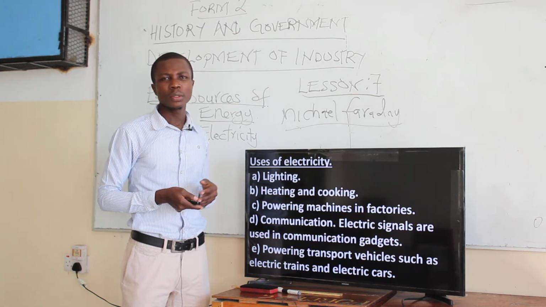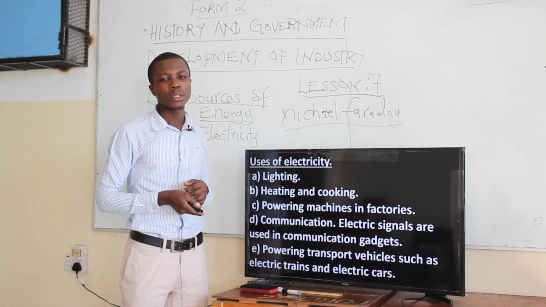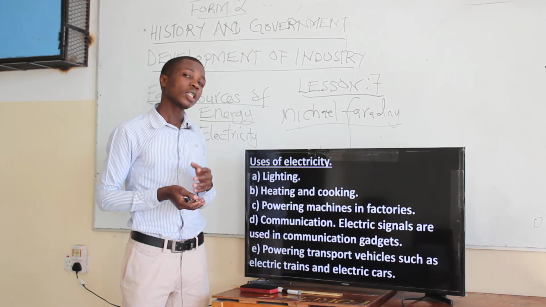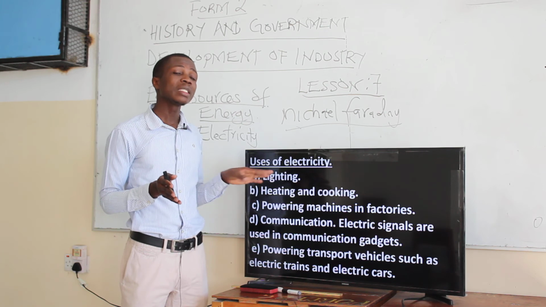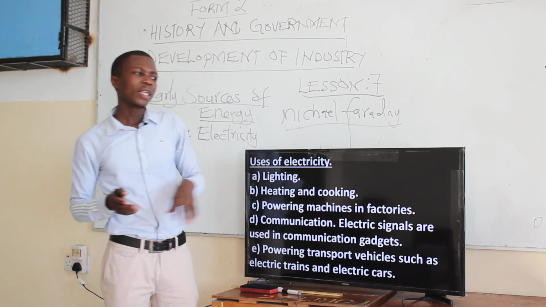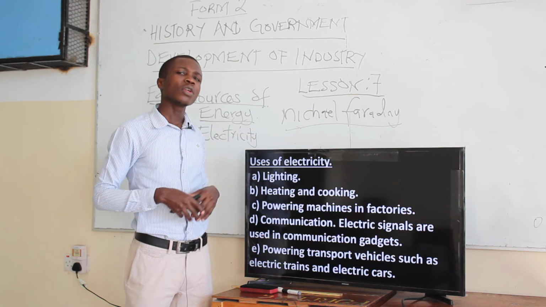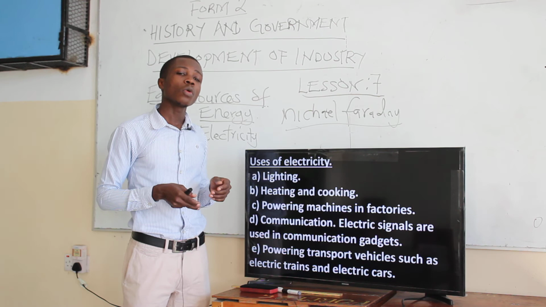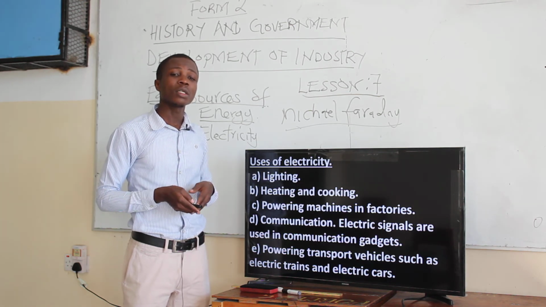We have electric signals that are used in communication gadgets. A long time ago there were booths with telephone lines connected to electricity. So electric signals were used in communication gadgets.